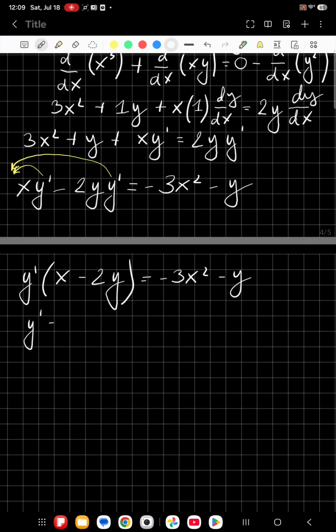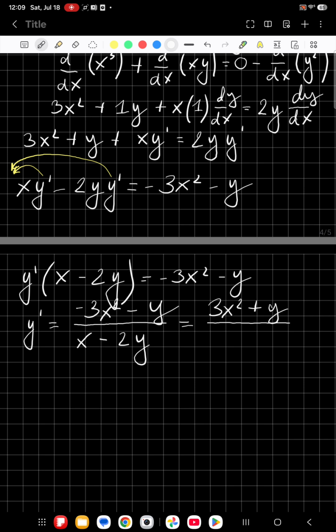So y prime equals negative 3x squared minus y divided by x minus 2y. We factor that negative out from the top and put it to the bottom, so I get 3x squared plus y, and the bottom will be 2y minus x.